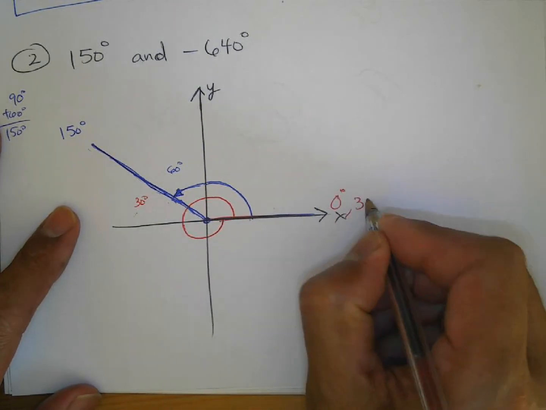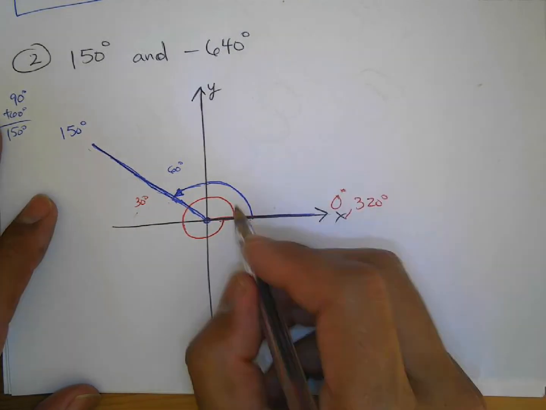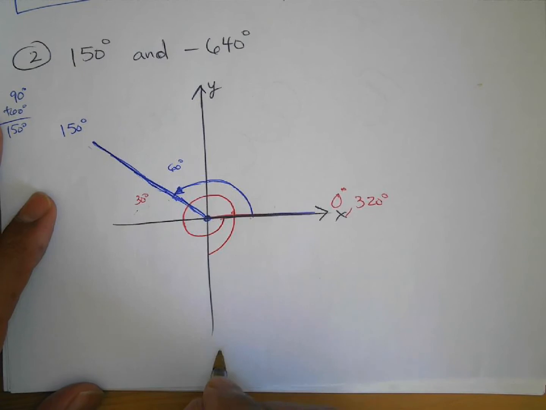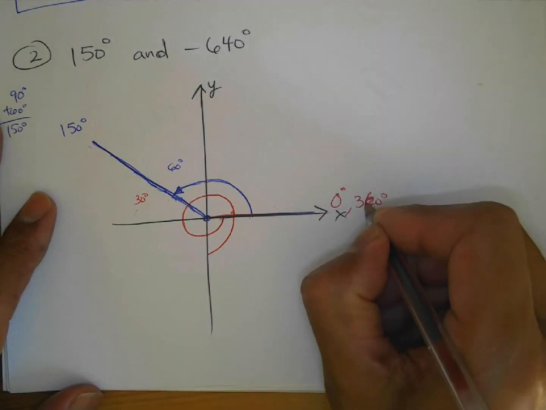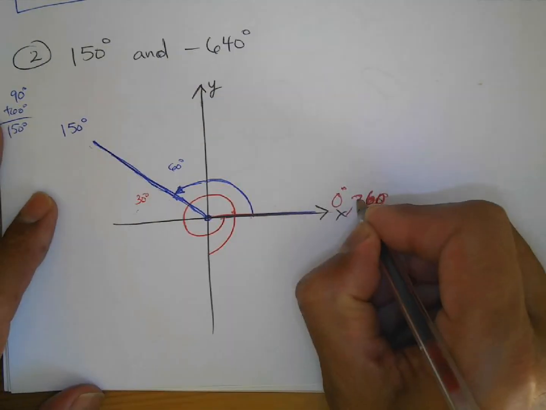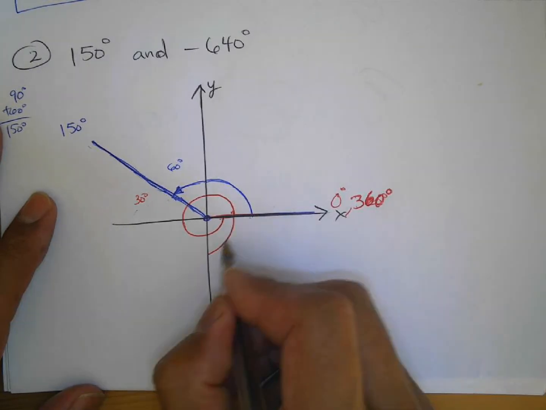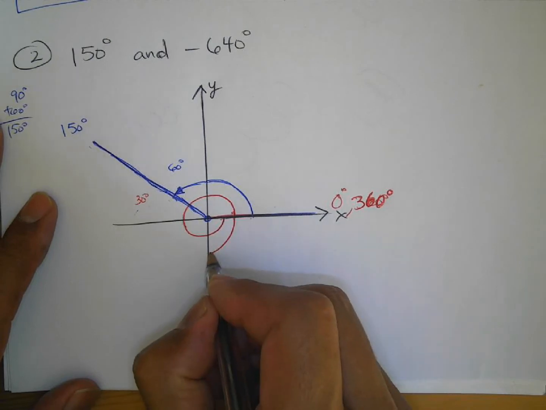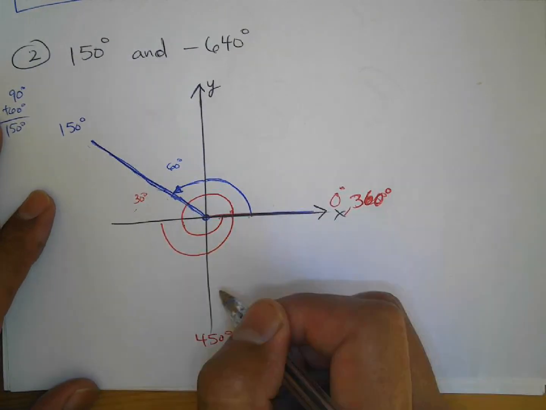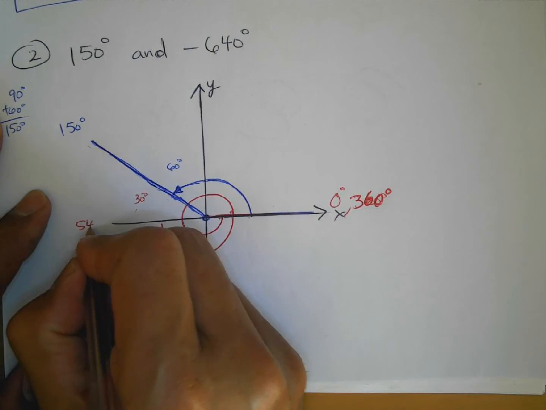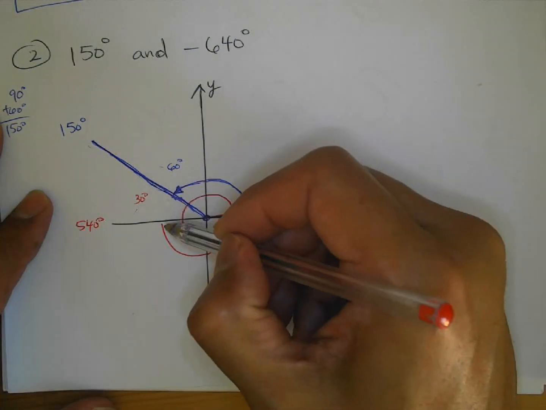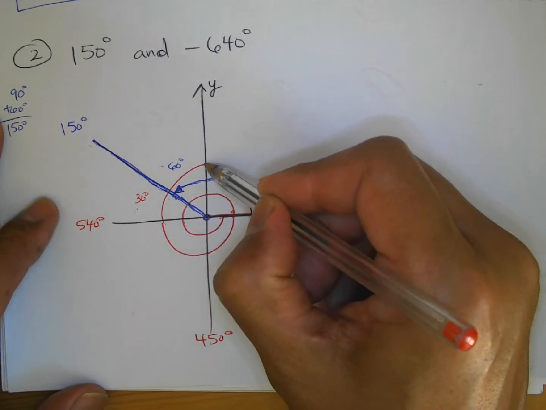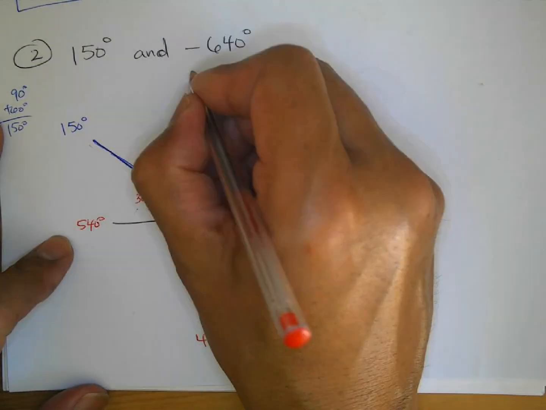So this is 0, and I'm back at 360. 360 plus 90 more is 450. I've got to keep going, right? 90 more is 540. 90 more is 630.